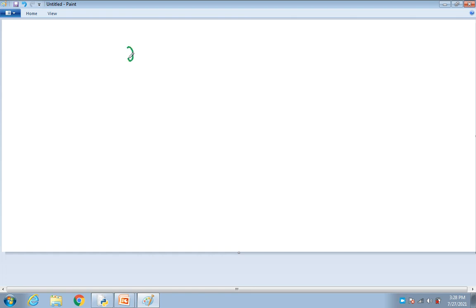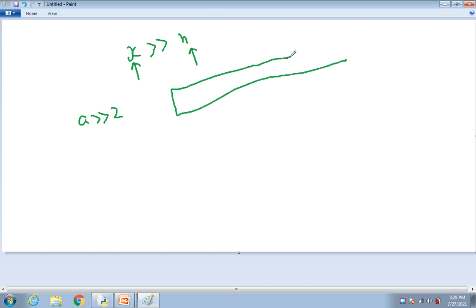This is the formula: x >> n, where x is the value to be shifted and n is the number of shifts. First we'll see how to do it manually, then we'll do it in the IDE.